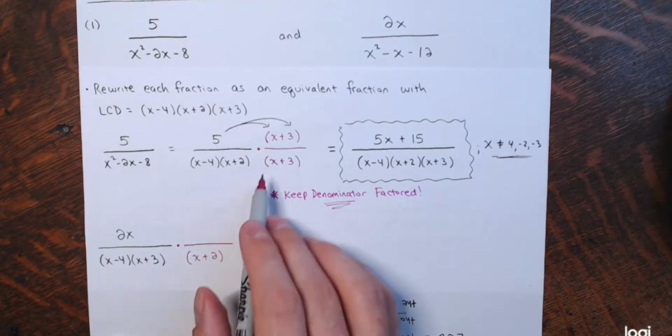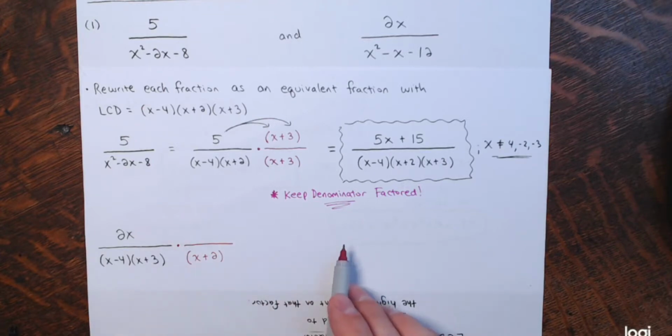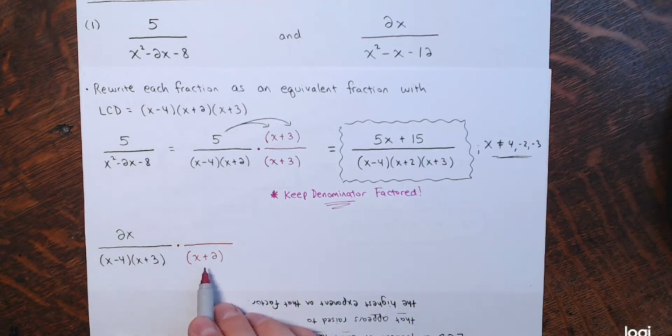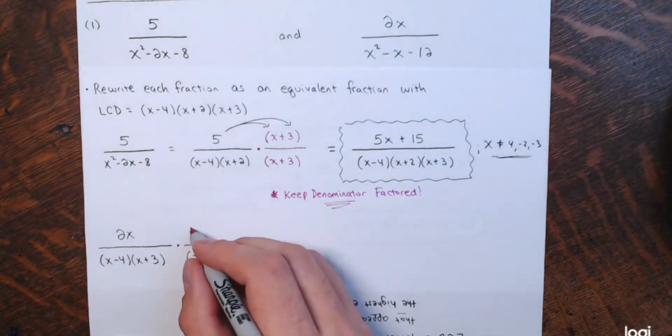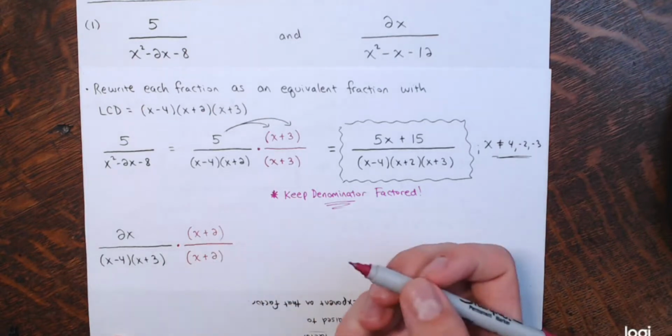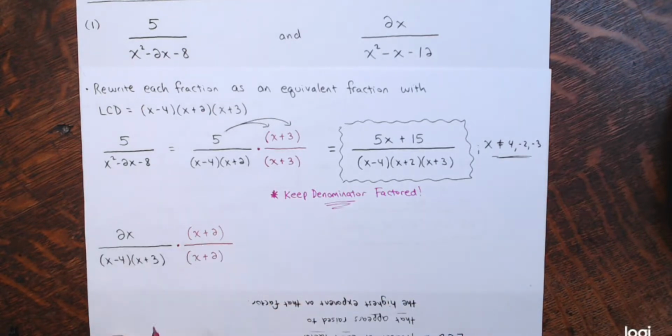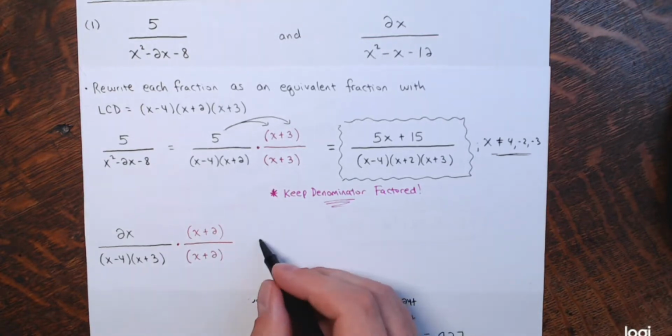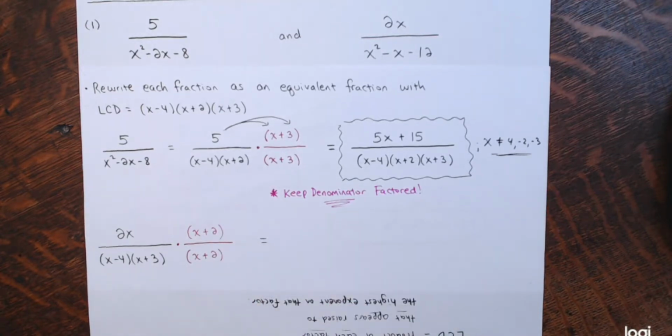And just as before, to make an equivalent fraction, you can't multiply the denominator by some expression and not the numerator. We have to do the numerator as well. That way it's like I'm multiplying by 1. So I multiply the numerator and denominator by this factor of x plus 2, and it gives me an equivalent fraction.